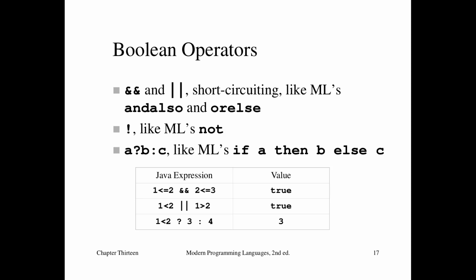If that's true, then the value evaluated is B. If A is false, then the value evaluated is C. This is equivalent to saying if A, then B, else C. It's equivalent directly. If you look at the bytecode that these things are compiled to, the ternary operator literally compiles to the exact same thing as what's written here. So you have to bear that in mind.